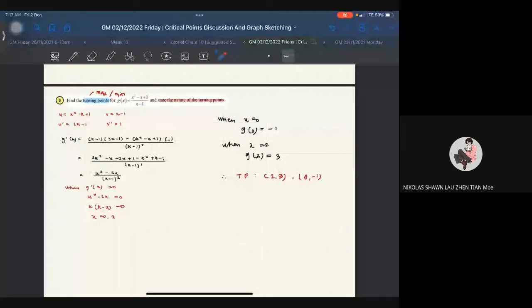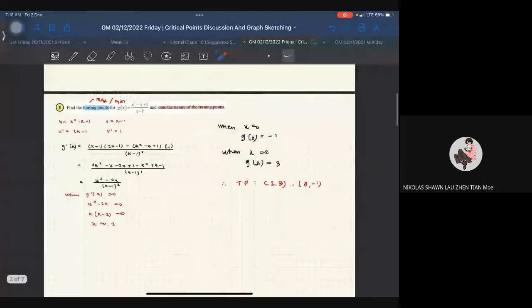Okay, so kenapa nak kena guna first derivative test? Kenapa awak nak guna? Kenapa tak guna second? To differentiate again, very annoying. Yeah, exactly. Betul. Okay, sebab kita nak kena differentiate this one lagi sekali if we want to use the second derivative test, dan dia adalah quotient rule.